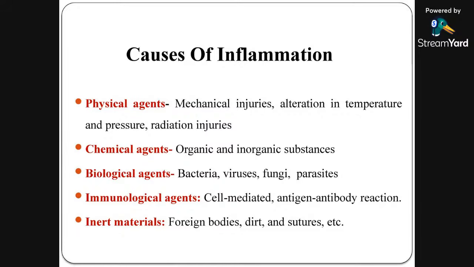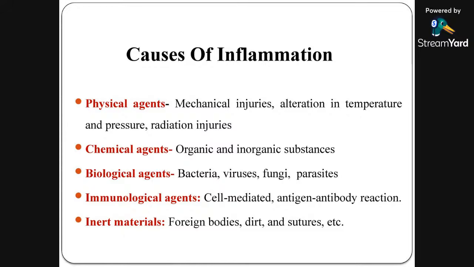Causes of inflammation. Causes of inflammation include physical agents, chemical agents, biological agents, immunological agents, and inert materials. Physical agents include mechanical injuries, change in temperature and pressure, injuries through radiation exposure.